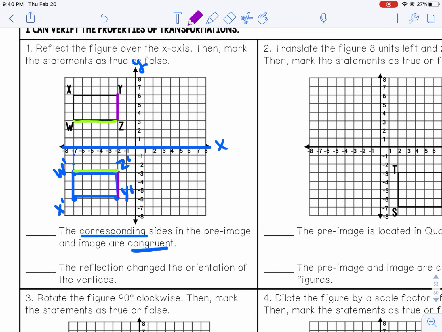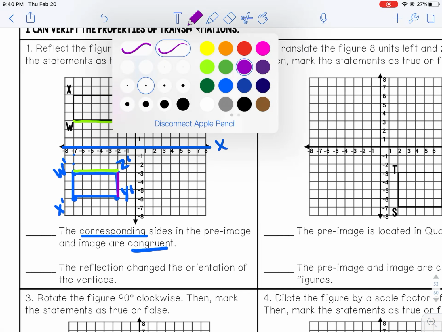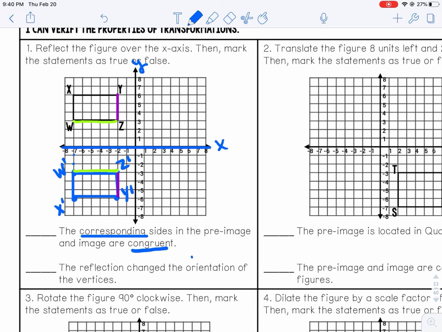Are they congruent or not? You can kind of look at it. The next one says true or false: the reflection, does it change the orientation? Remember, orientation is just a fancy word for the order of the vertices. If you're looking at WXYZ, and we start here, we're going in a clockwise fashion.